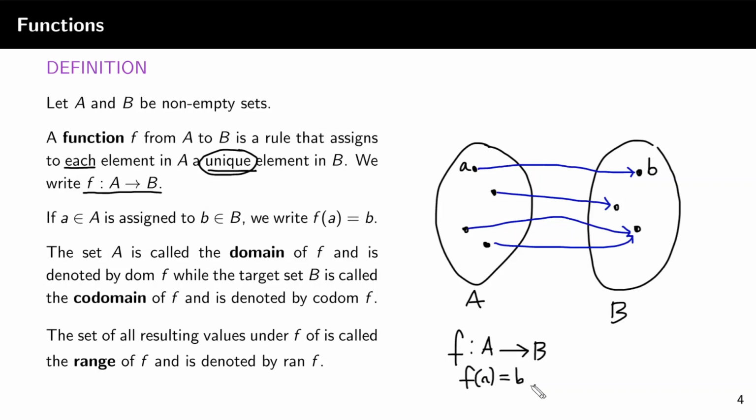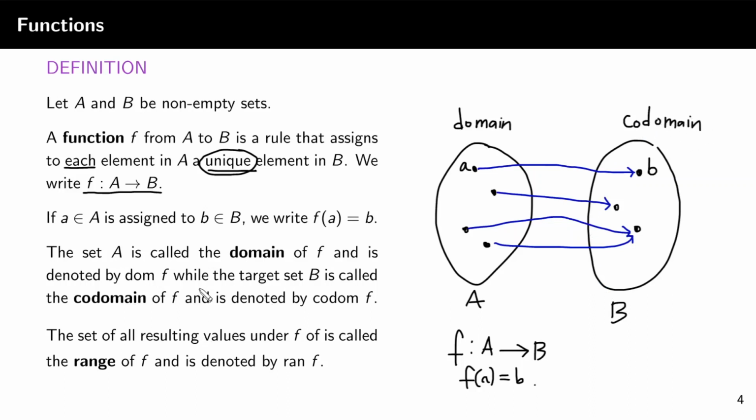Okay. So, the set A is called the domain of F. Okay. So, ito yung domain. And then, the set B, ito yun, is the co-domain.